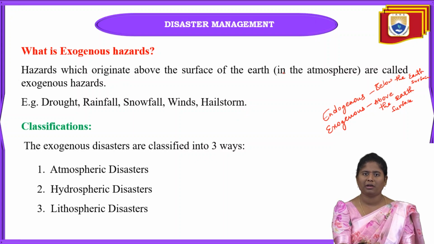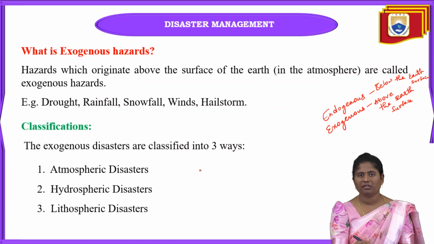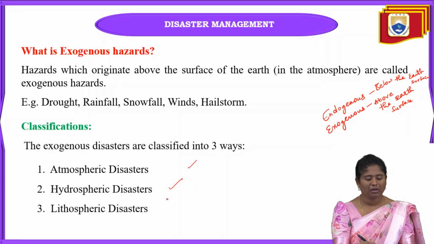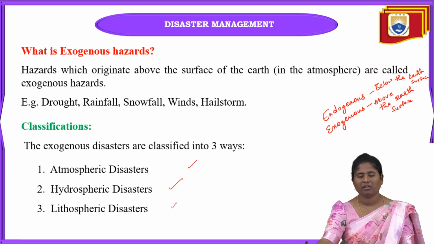These all come under exogenous hazards. And next, in exogenous hazards or disasters, we have three types. First is atmospheric, next is hydrospheric, and last is lithospheric disaster. These are the three types of disasters we are going to study in this module.